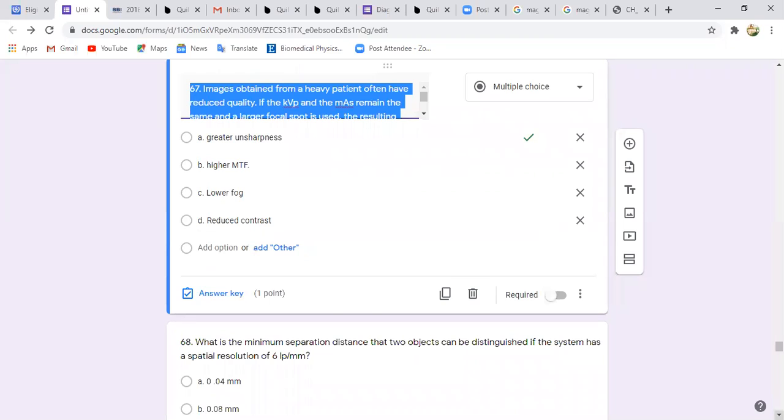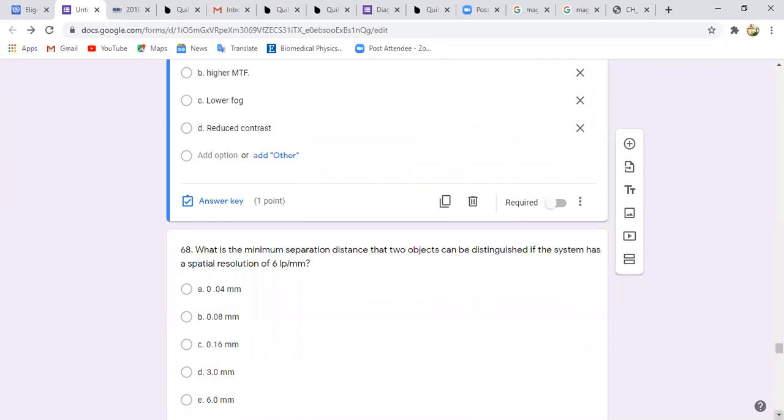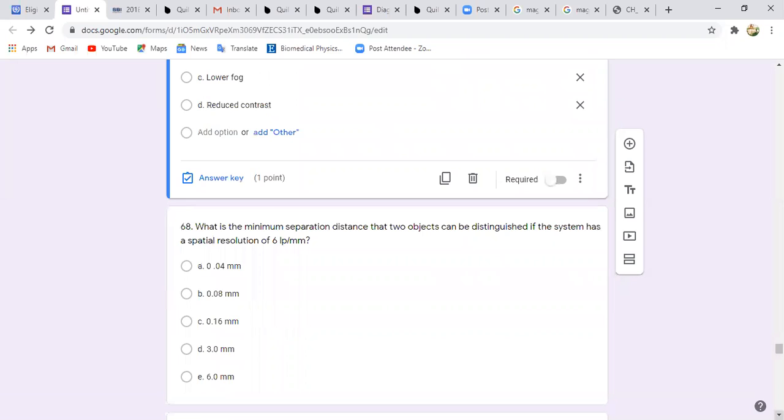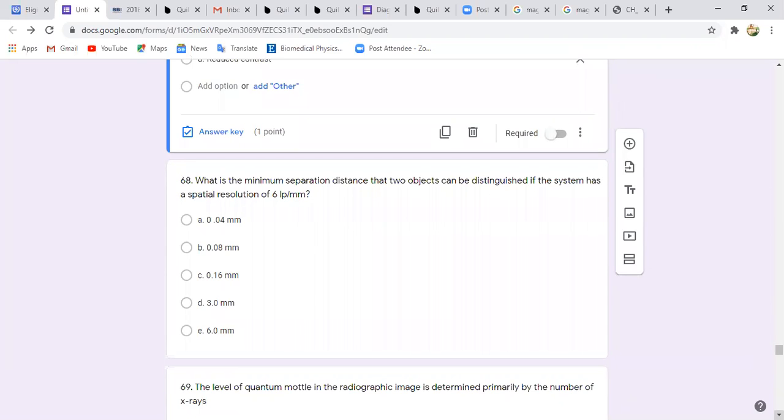So 68. What is the minimum separation between two objects that can be distinguished if the system has a spatial resolution of 6 line pairs per millimeter? We follow the same method we used before when we started talking about spatial resolution. Here, 6 equals 1 over 2L, where L is the separation.